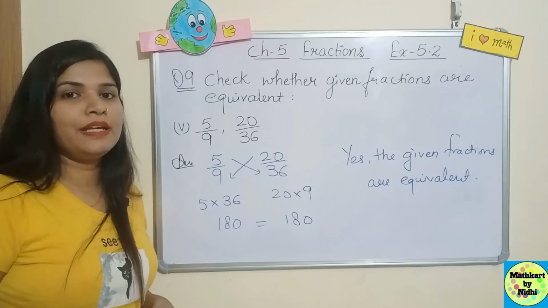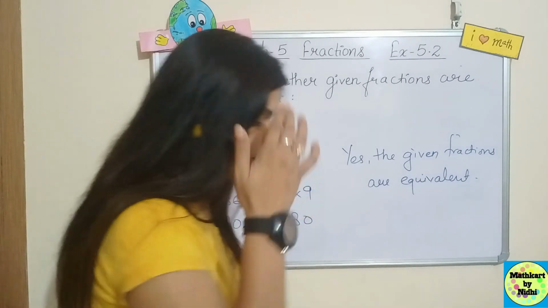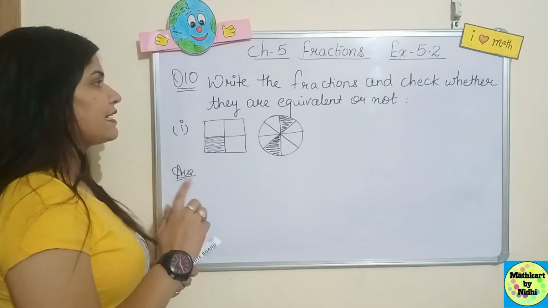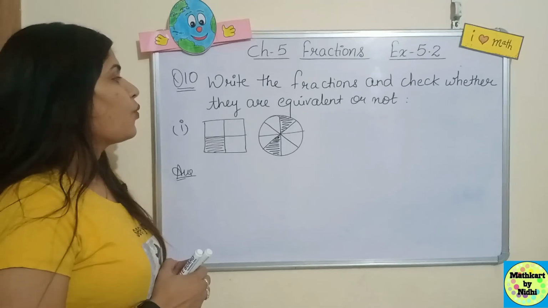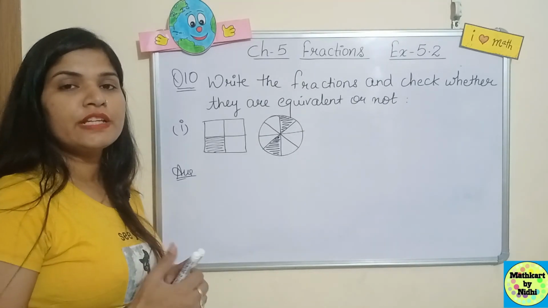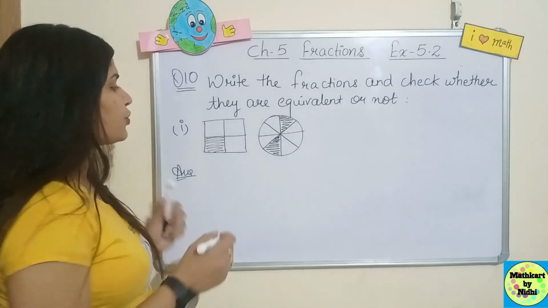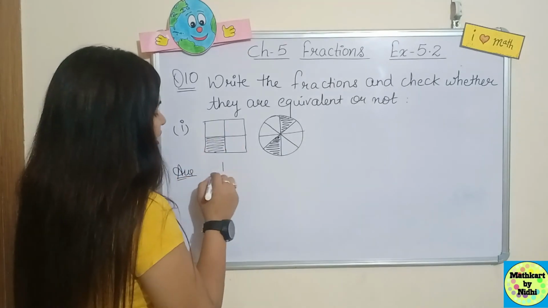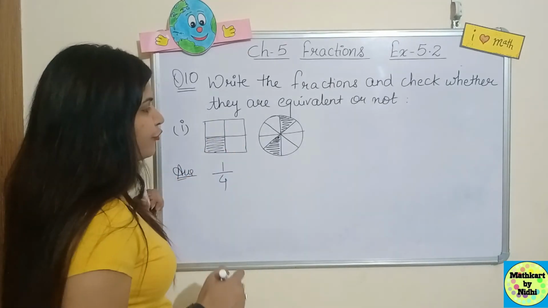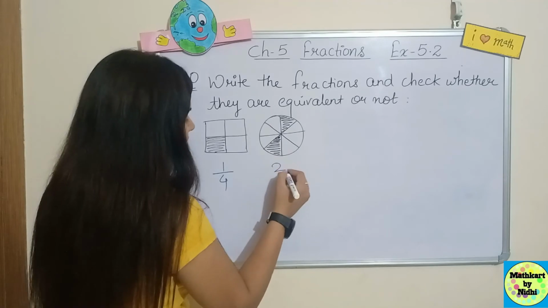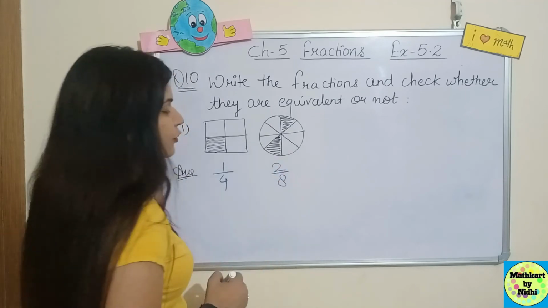Let us see question number 10. Question number 10 says write the fractions and check whether they are equivalent or not. First of all, we need to find out the given fraction. One part is shaded out of 4, so this is 1 upon 4, and here 2 parts are shaded out of 8, so these are 2 upon 8.